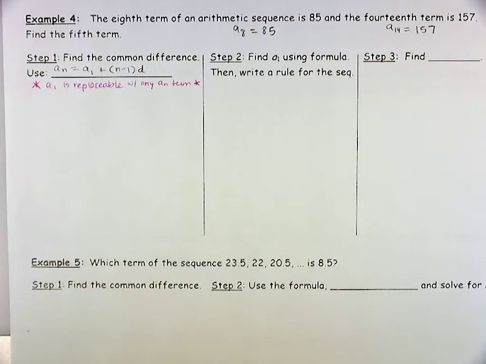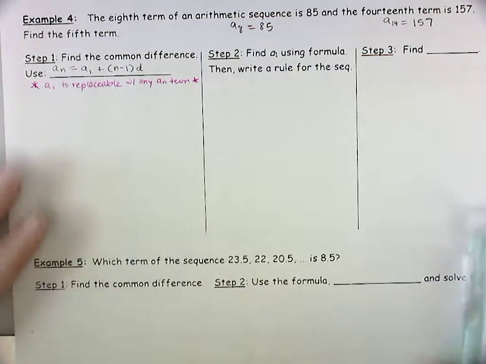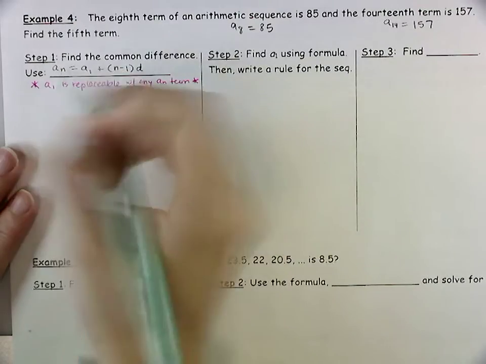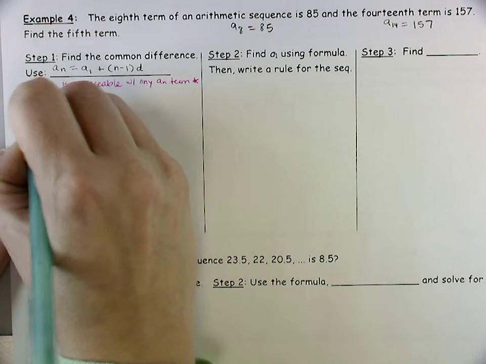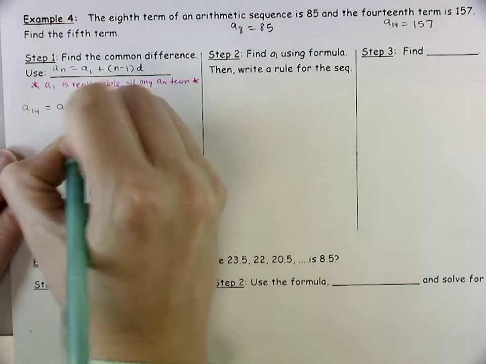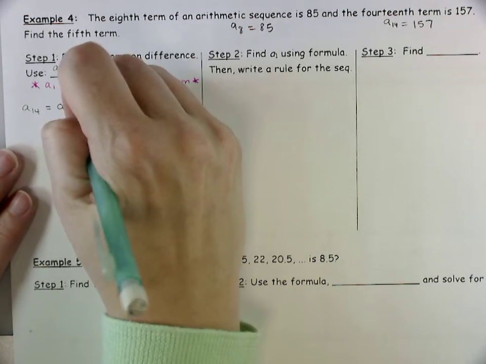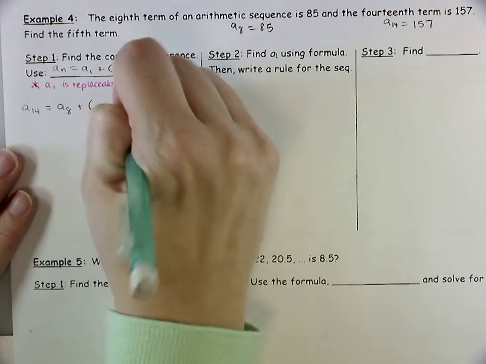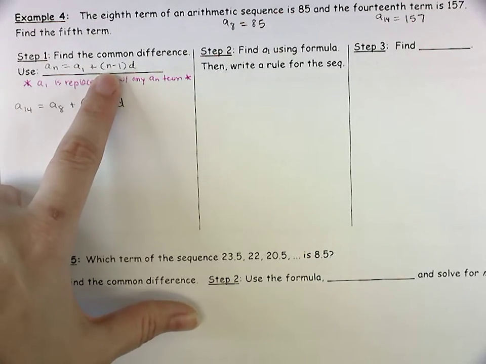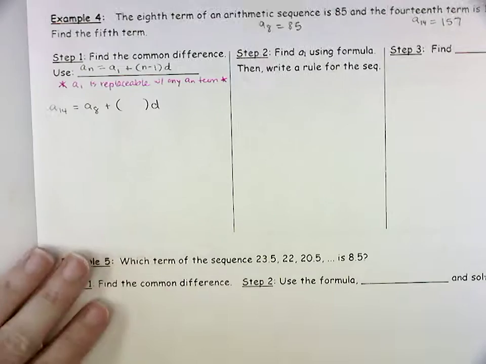Okay, so what you could do is you could set up an equation with the two that you're given. So instead of a sub n, I could say a sub 14 would equal a sub 8 plus, and then this is where it's going to change. So if this is a sub n, I'm going to replace n with 14.